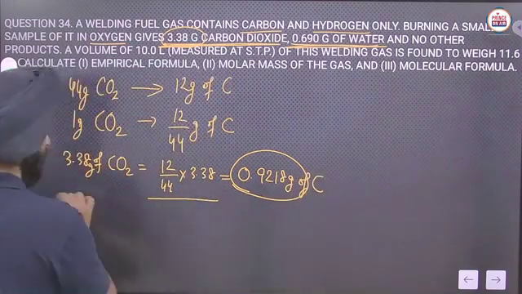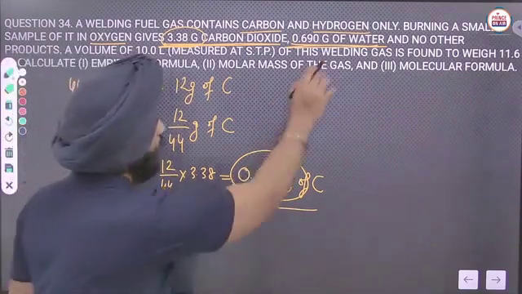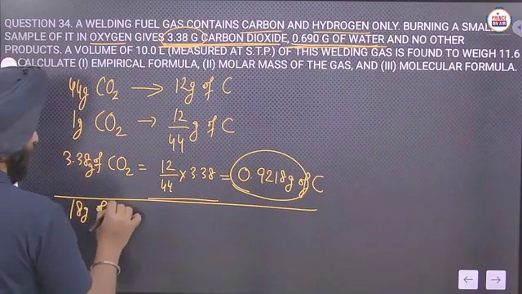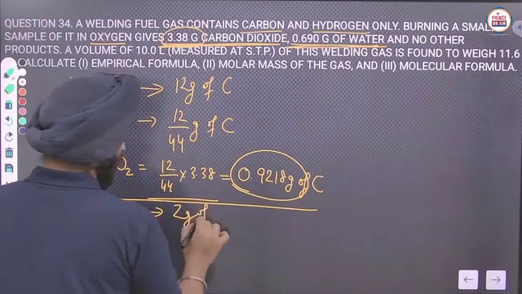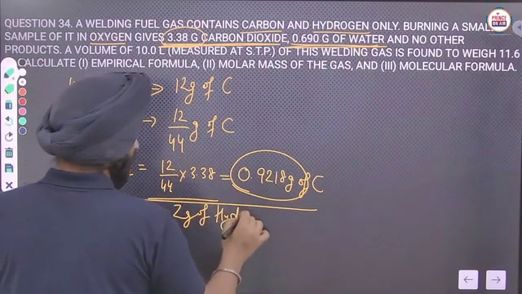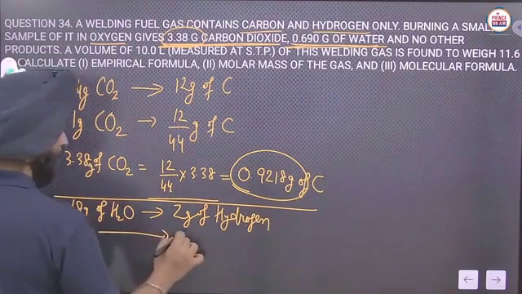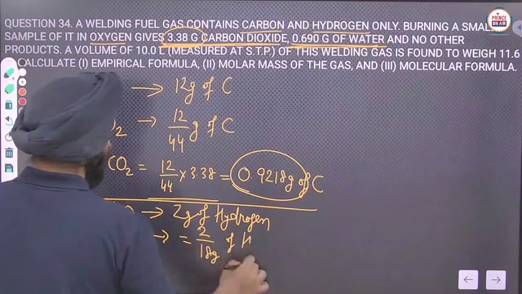Next one. Similarly for water. 18 gram of water contains 2 gram of hydrogen. 1 gram of water will contain 2 upon 18 gram of hydrogen.